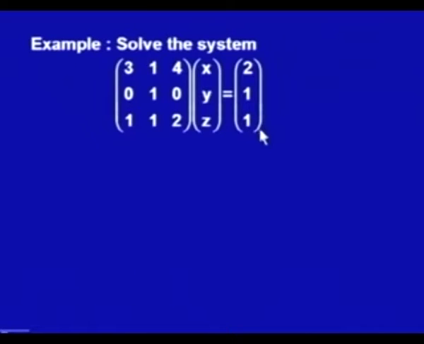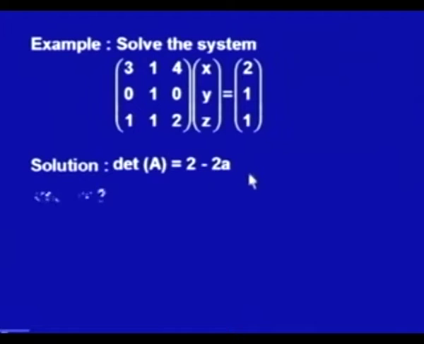So, let us solve this system using Cramer's rule. We first calculate determinant A. As you have seen, I have already computed determinant A as 2 minus 2A, and A is equal to 0 in this example. So, that gives me determinant A is equal to 2.